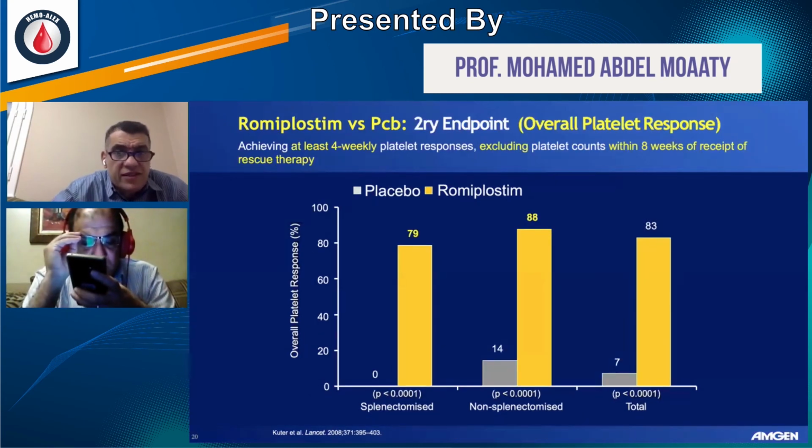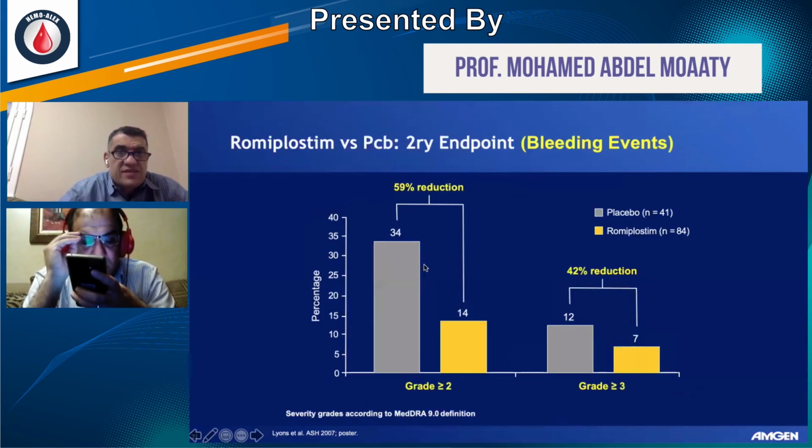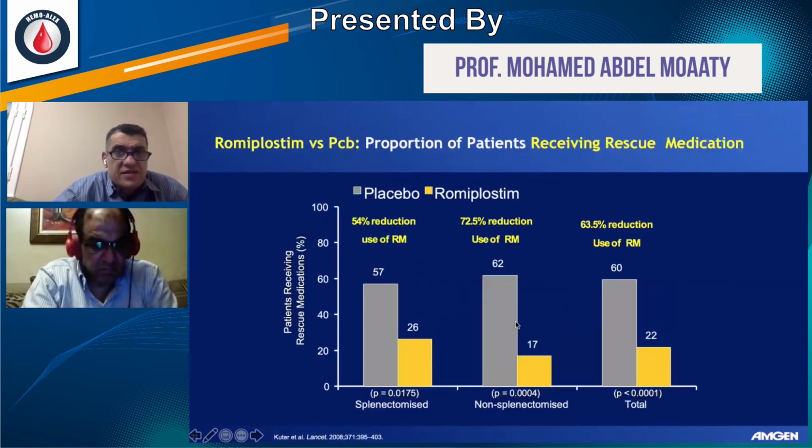Also, the overall platelet response was better with romiplostim than with placebo, and the bleeding events of grade 2 or more, or 3 or more, were lower with romiplostim, and the proportion of patients receiving rescue medication was lower in patients receiving the active treatment.